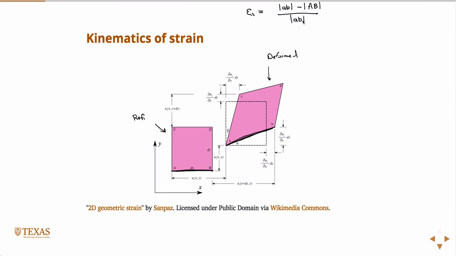I'm sorry. We're going to divide it. That would not be the correct definition of strain, right? We want final length minus original length divided by original length. Okay? But our stretch is not just one-dimensional, right?